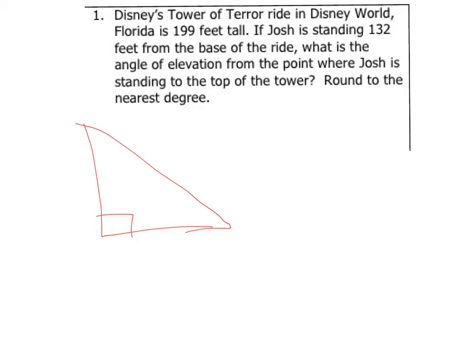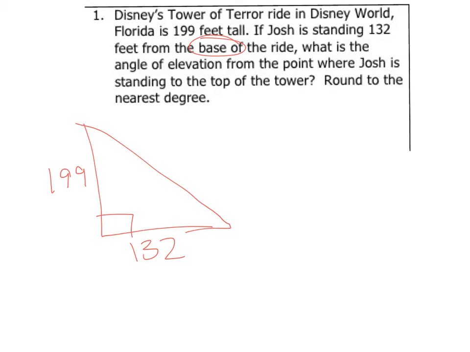We know that the Tower of Terror, the ride, is 199 feet tall. That's going to be your vertical side of the triangle. We know that he is standing 132 feet from the base of the ride. Our keyword was base. I'm going to label the bottom as 132. And I'm looking for the angle of elevation.